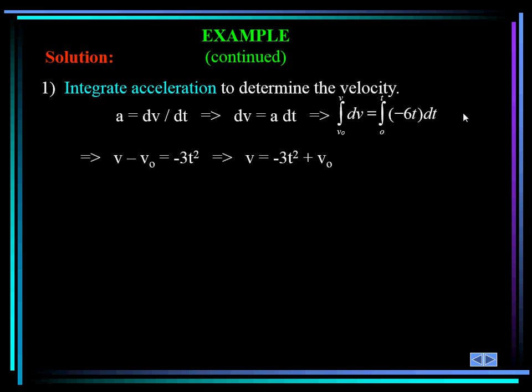The concept is that the acceleration is dv dt, and that the velocity would be the integral. This is why it's important to know the basics. Integrate both sides. So the integral between v0 and v of dv, and the integral between 0 and t of minus 6t.